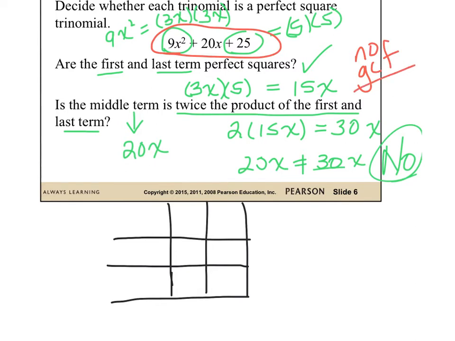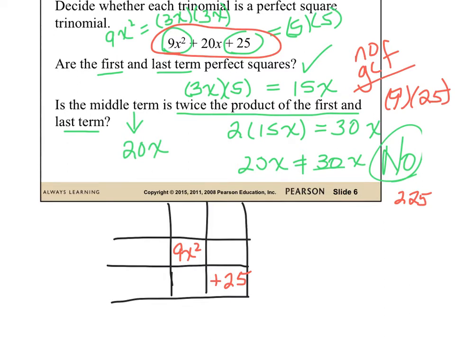And so we will multiply 25 times 9x squared, or actually 25 times 9. And so 9 times 25 is 225, and so we've got a lot of factors.